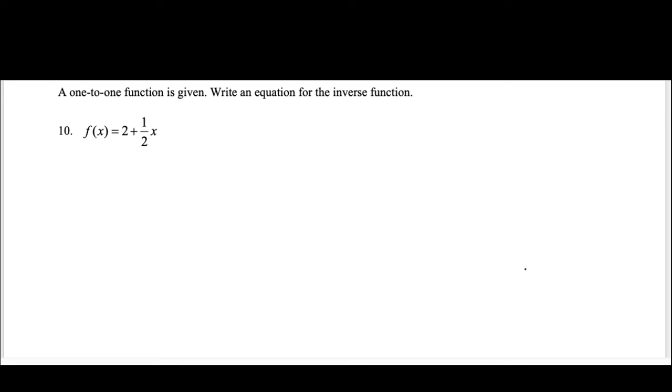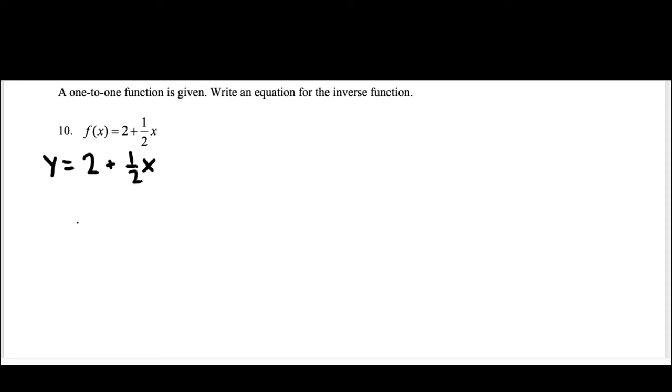So here we have a one-to-one function, and we are asked to write the equation for the inverse. So using that procedure that we just spelled out, start by replacing f of x with y. So I get y equals 2 plus 1/2 times x.